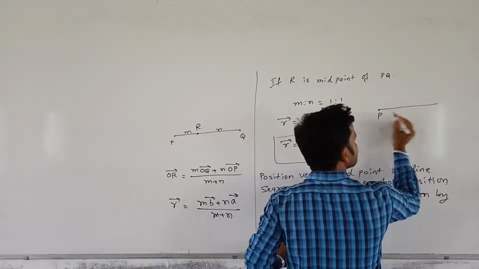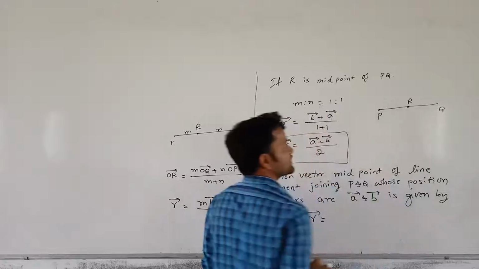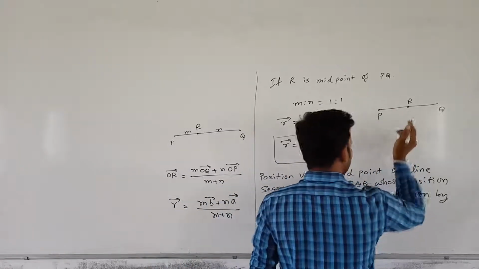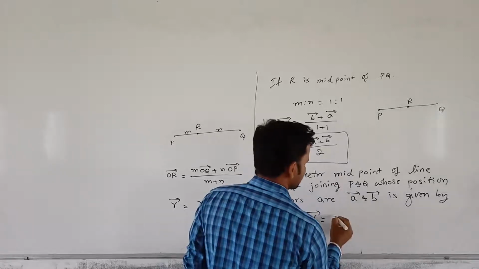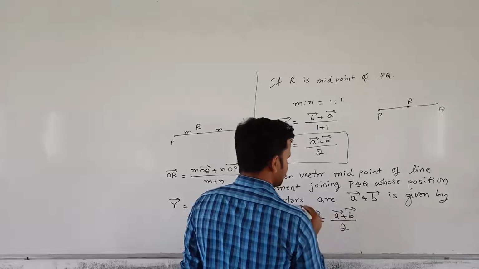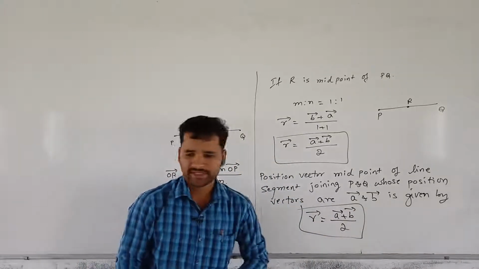Suppose there are points P and Q, R will be the midpoint here. In that case, whatever is there on the left hand side, the same thing is there on the right hand side. That means vector R is equal to vector A plus vector B by 2. This is the position vector of the midpoint.